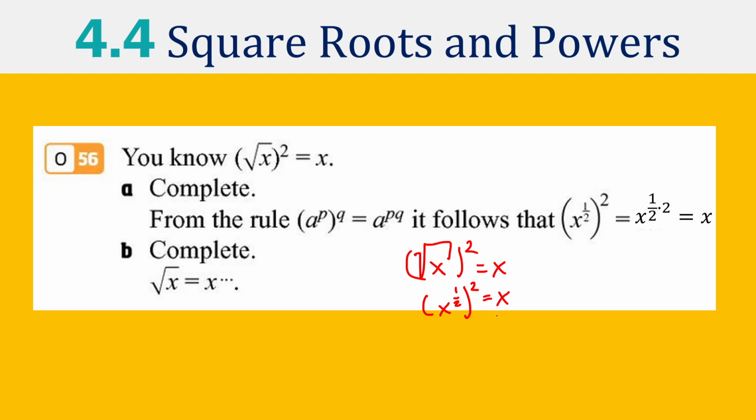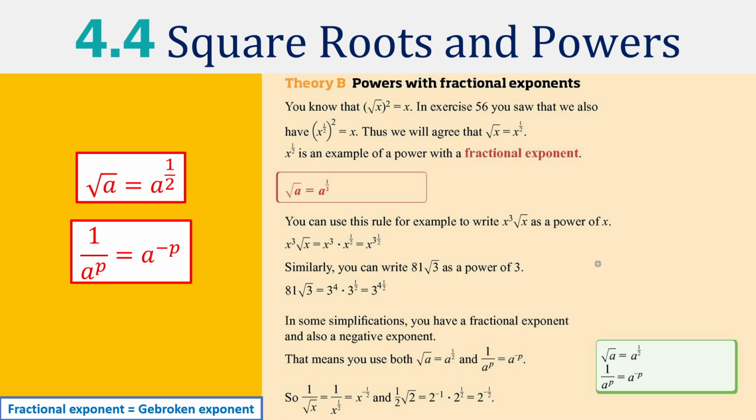If this results in x and this results in x, that means that those two things must be the same, right? Then just erase the square on both sides. Apparently, the root of x is the same as x to the power of a half. That's weird, right? It's a rule that you sometimes have to use though.